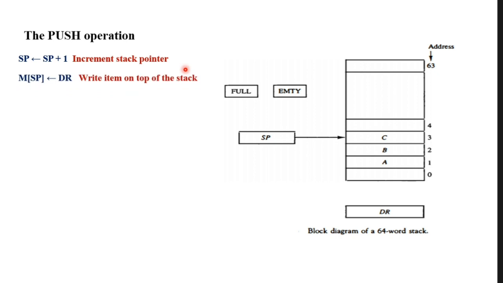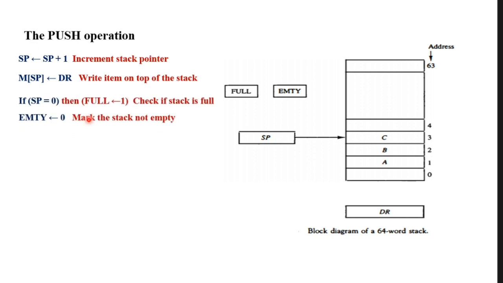The next step is to write the item on the top of the stack. Whatever data is available in the data register will be pushed to the memory pointed to by the stack pointer. Along with this, we need to check the status of the flag. While storing the data, the stack may get full.